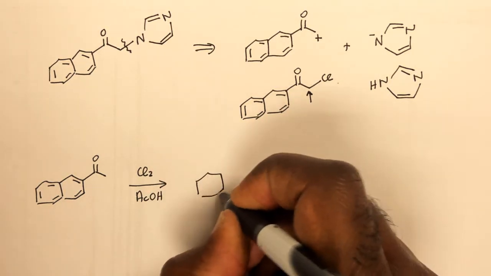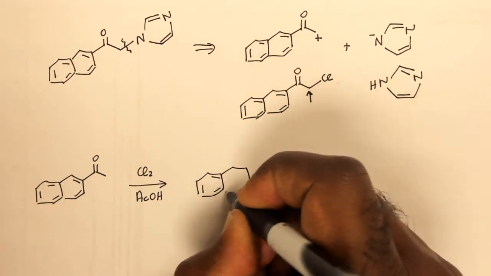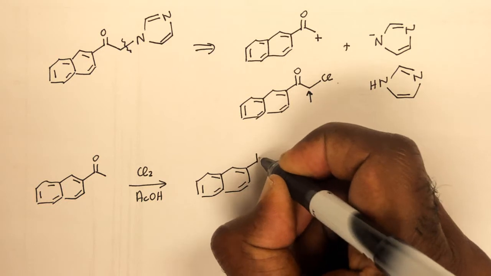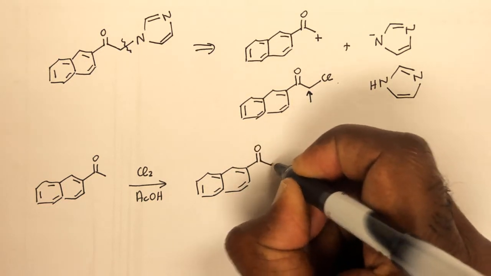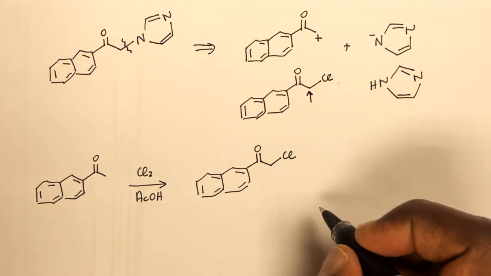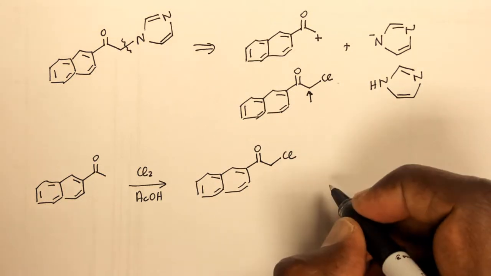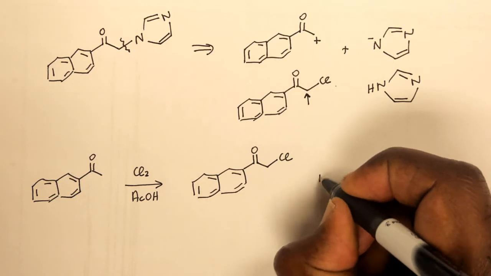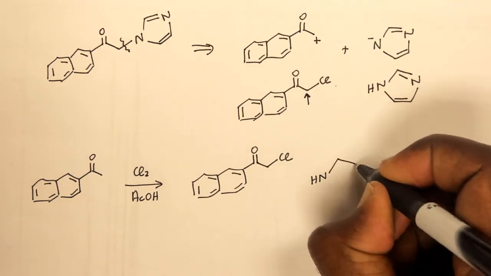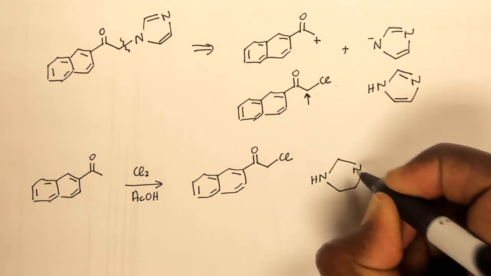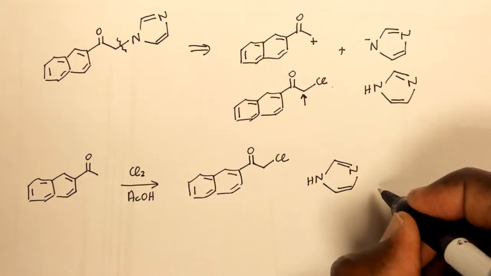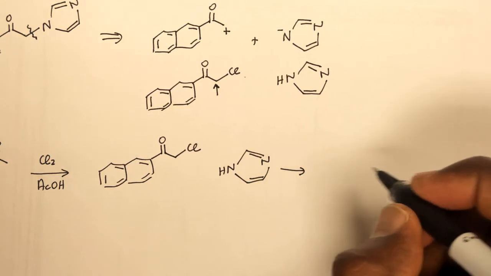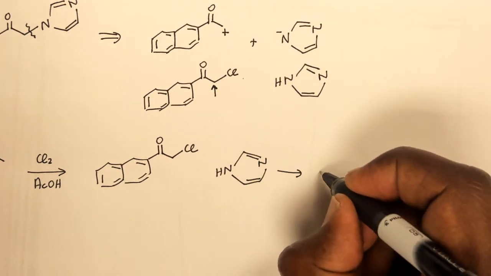And once I chlorinate my naphthalene molecule, I can now add in the nucleophile to this electrophilic center and get my desired product.